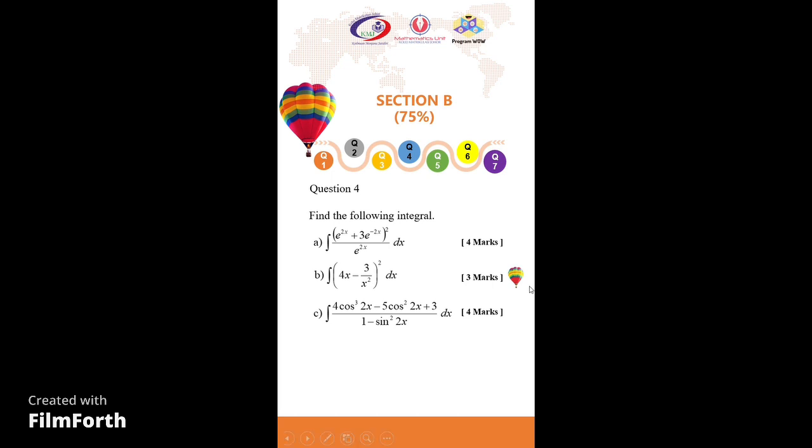Now question 4, you need to find the following integral. So for A, you need to expand the numerator. If you expand the numerator, you will get e power of 4x plus 6 plus 9 e power of negative 4x.